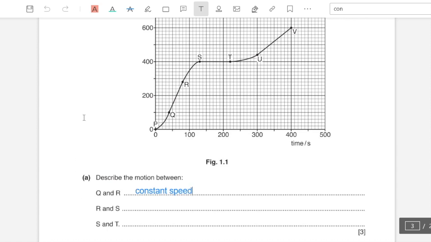R and S shows deceleration. And S and T shows object at rest or a stationary object.